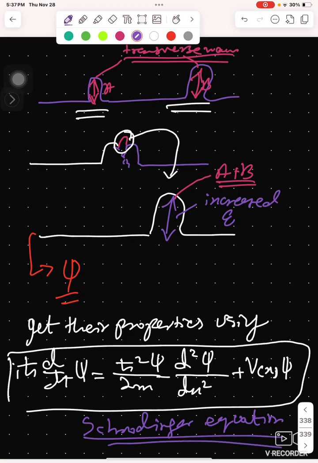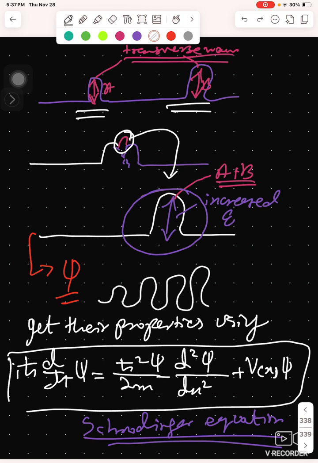Now when these waves combine and we get higher amplitude, what we are actually getting is that the chances of finding the particle over here is high.